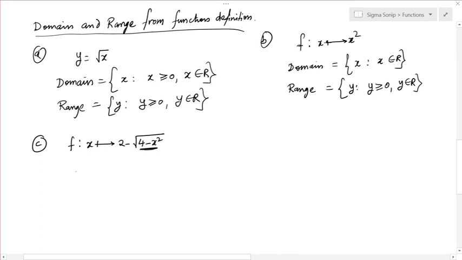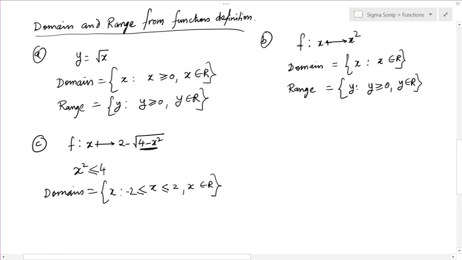I can write it like this: x square has to be less than or equal to 4, which tells you that x has to be within plus and minus 2. So I can straight away write the definition of my domain. Domain is x such that x is greater than or equal to minus 2 and less than or equal to 2, and x is a real number.